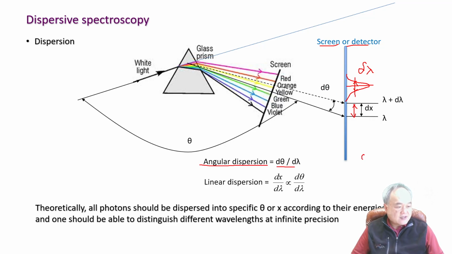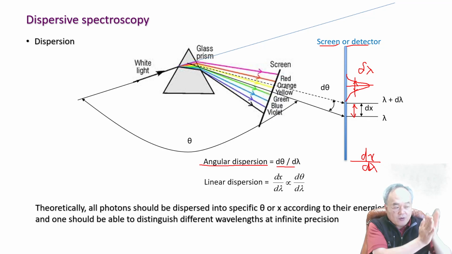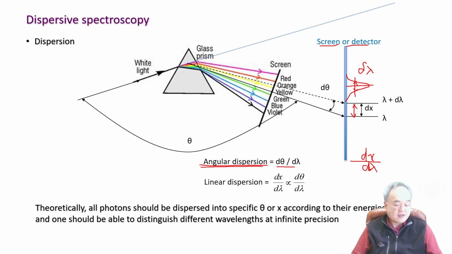In that case, dx/dλ is known as the linear dispersion measured on the detector. But throughout most of the lecture notes, we will be focusing on the angular dispersion.